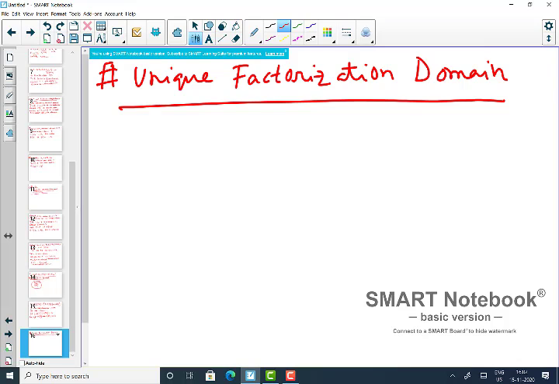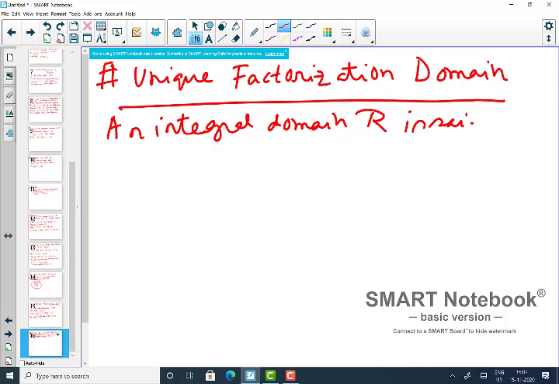So let me define. An integral domain, so the minimum integral domain property is there, R is said to be a UFD. UFD means unique factorization domain. Let me write it with this notation UFD, otherwise I have to write unique factorization domain again and again.